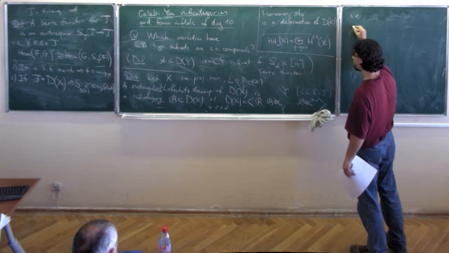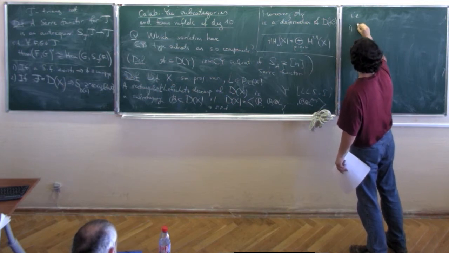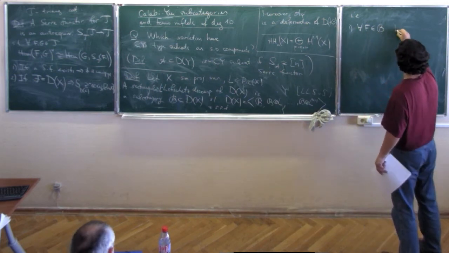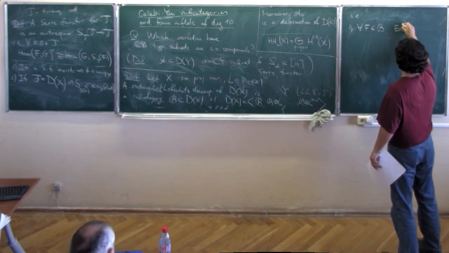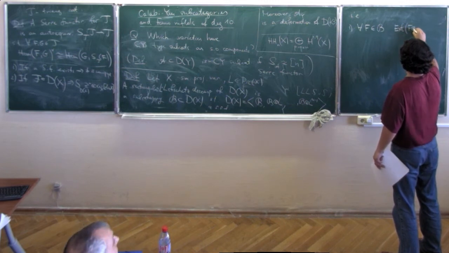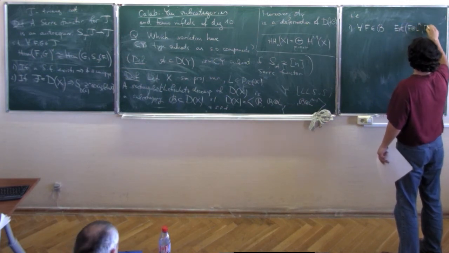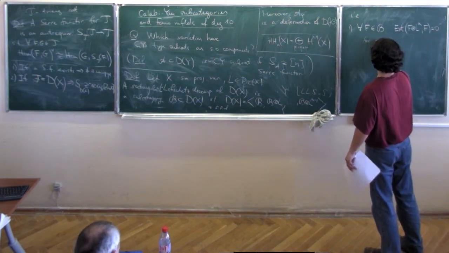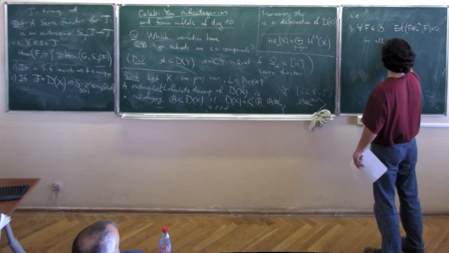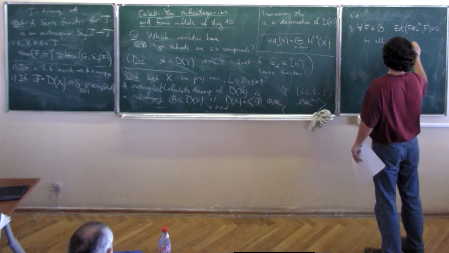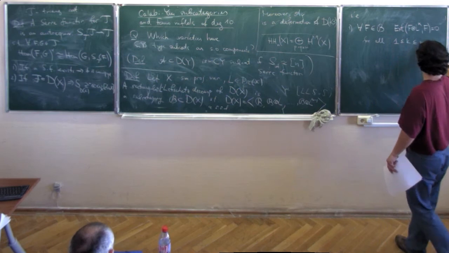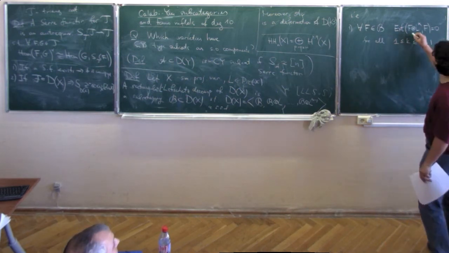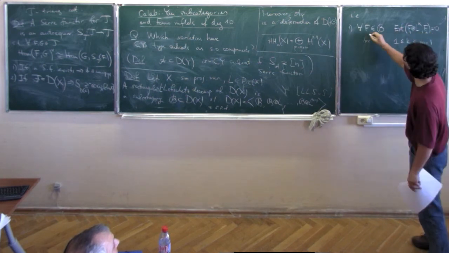So first, it means that for any object F of this subcategory B, if you compute Ext spaces from F tensor L to the K to F, it is 0 for all K from 1 to m minus 1. Yeah, that's correct.